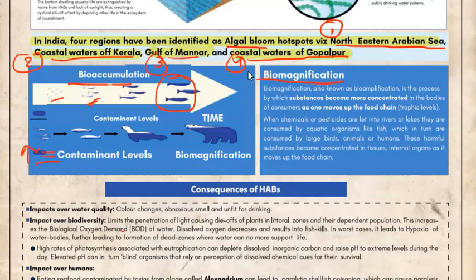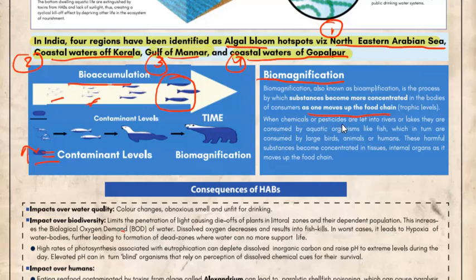So biomagnification is the increase in the contaminant level in different trophic levels. It is written here: biomagnification, also known as bioamplification, is the process by which substances become more concentrated in the bodies of consumers as one moves up the food chain, that is the trophic level.